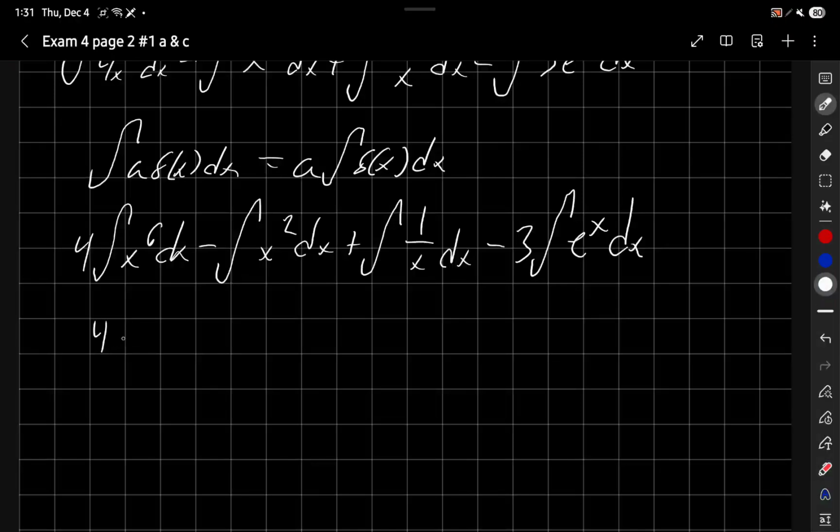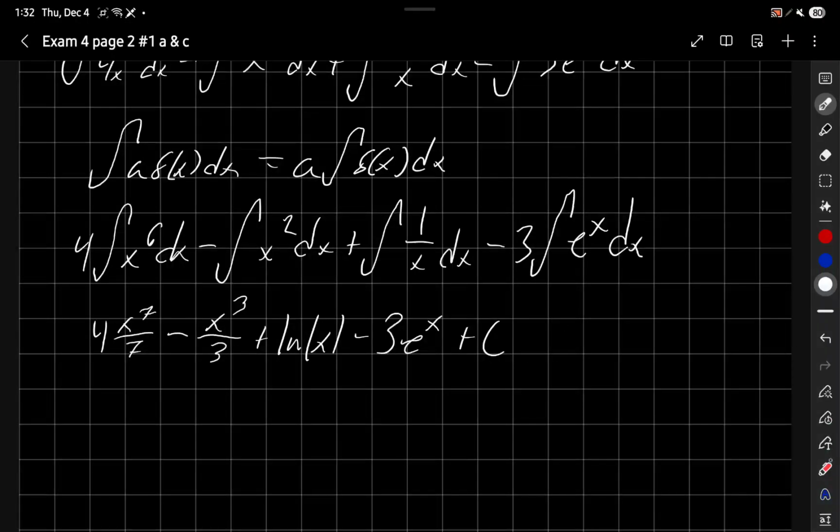So we have 4 x to the 7th over 7 minus x cubed over 3 plus ln absolute value of x minus 3 times e to the x, and then plus c.